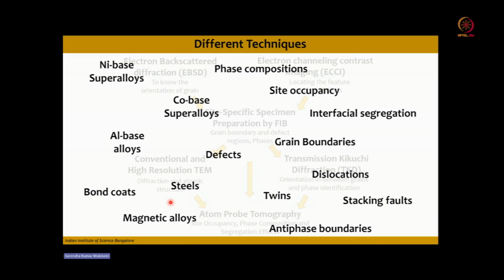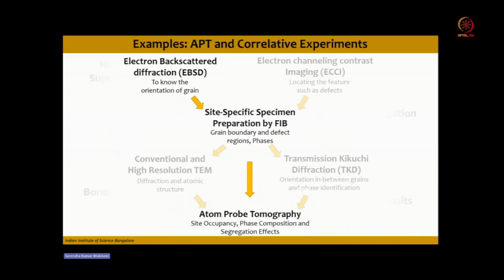We can see the structure and the chemistry, and these are related to steels, magnetic alloys, aluminum based, cobalt based, and superalloys, magnesium based alloys, where all the mechanical properties are critically governed or dictated by these microstructural features. Okay, so first I will talk about the use of EBSD with the site-specific sample preparation by FIB and the atom probe tomography.